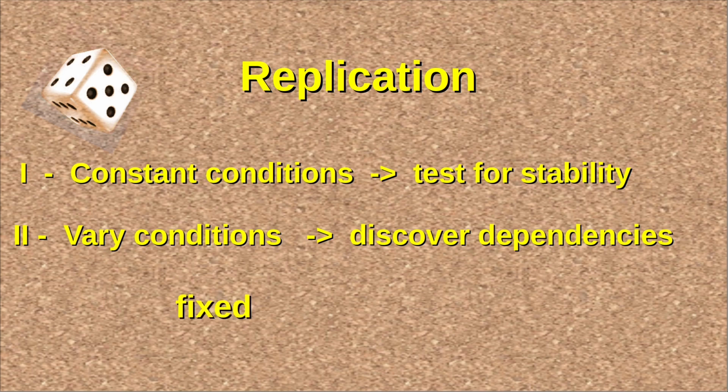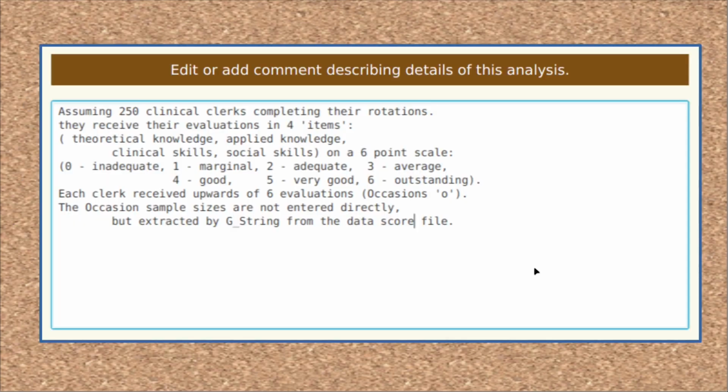And sometimes the number of replications is part of the protocol, and sometimes we let the course of events dictate the number of required replications. A typical situation for replications in generalizability analysis is an assessment where different persons are assessed repeatedly, but not all the same number of times.